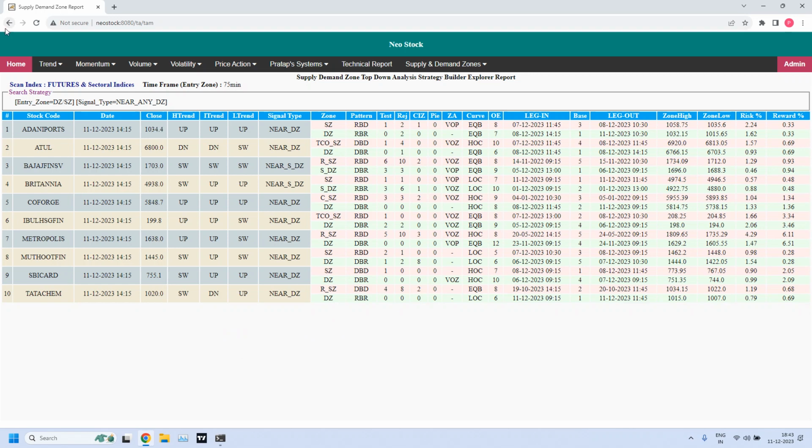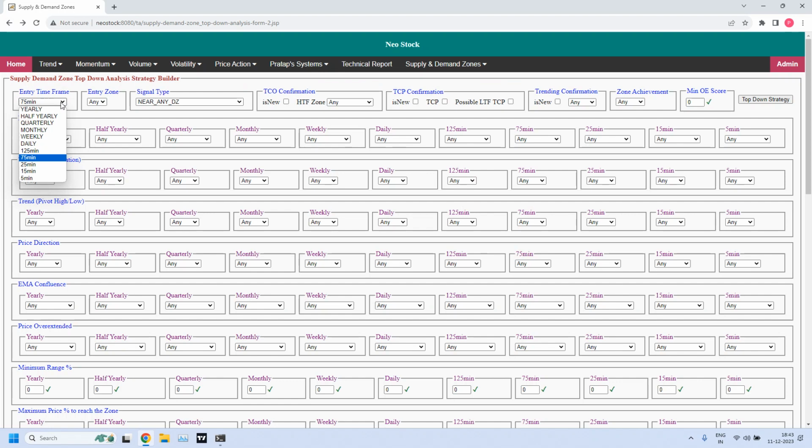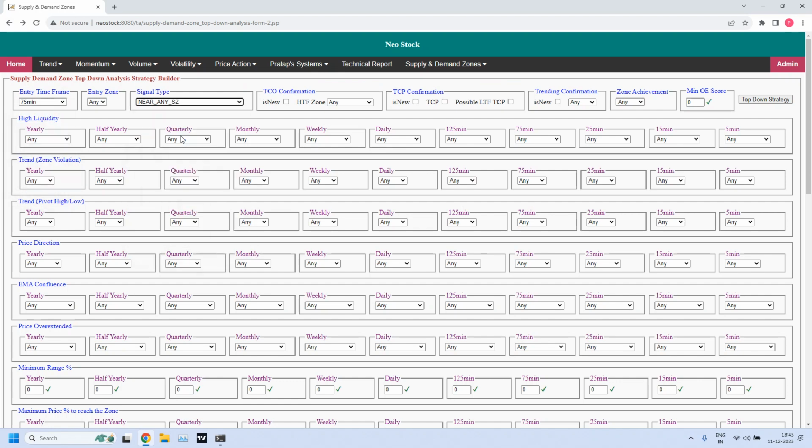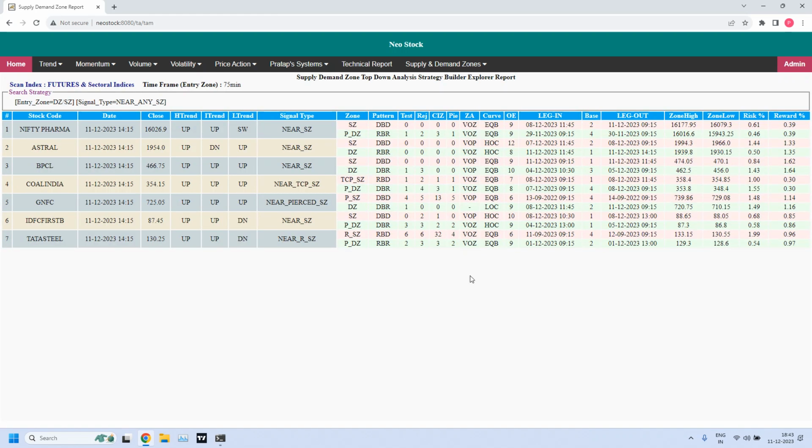So let's go back. Entry time frame is 75 minutes. Let us find the stocks near 75 minutes supply zone. So 7 stocks are filtered. The high liquidity supply zones.